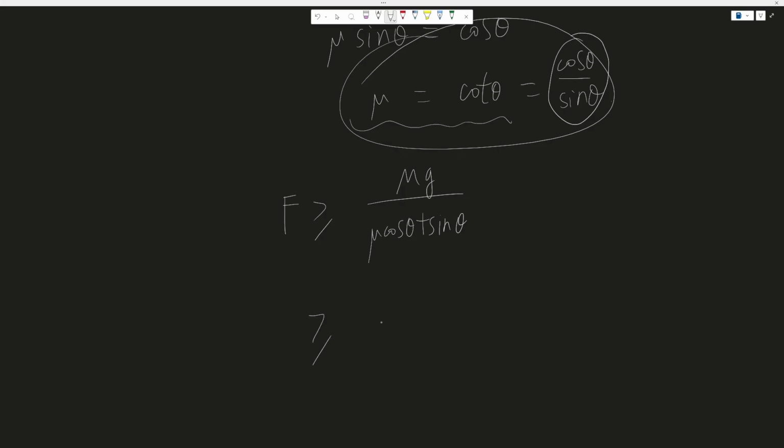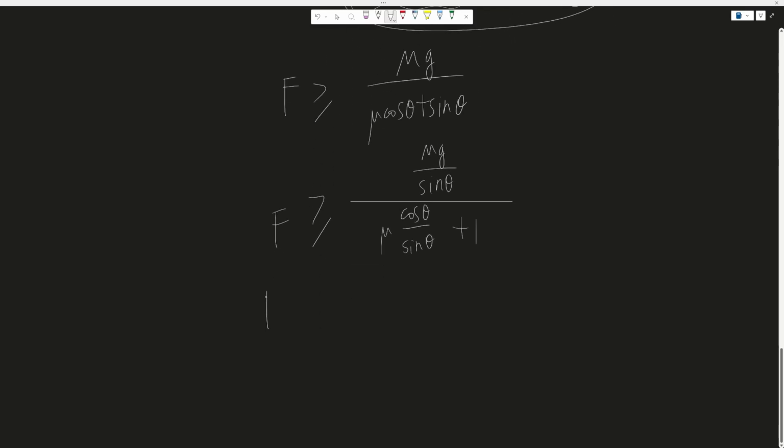We can do this by dividing by sine theta. So mu cosine theta over sine theta plus 1. And then on top of it, since we're dividing the denominator by sine theta, so does the numerator. And so now we have F is bigger or equal to mg over mu cotangent theta plus 1, times 1 over sine theta, which is cosecant theta.